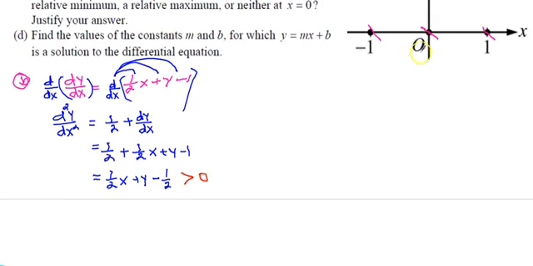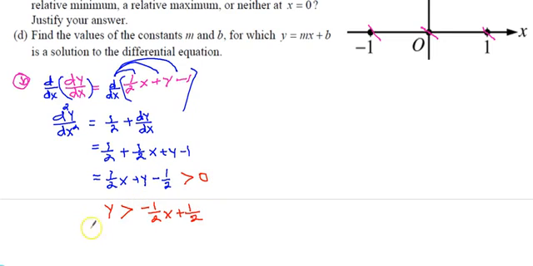But then how does it help me to describe the solution curves? This part is tricky. How does it help me to describe the solution curves to be concave up? So here, all you have to do is solve for y. If I solve for y, negative 1/2 x plus 1/2. Everything goes on the other side.